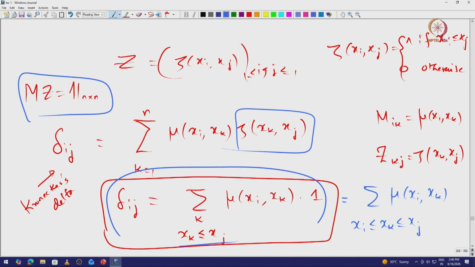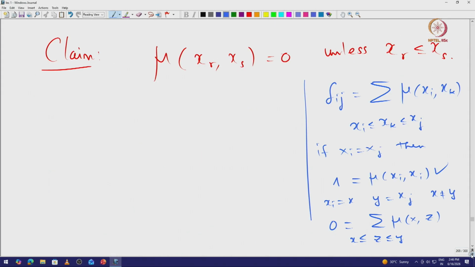So, we will just work with that equation. Delta i j is given by the summation of mu of x i x k, where x k runs over all x k such that x k less than or equal to x j.